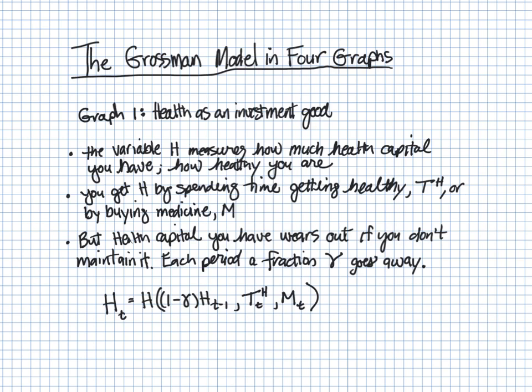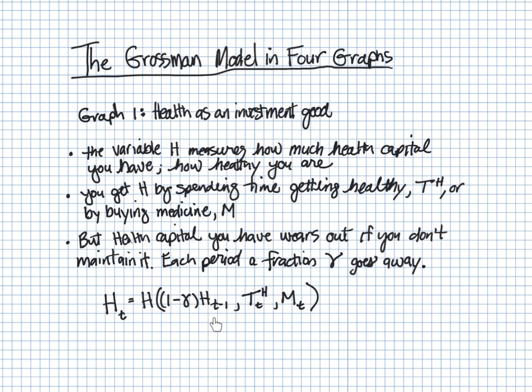So what the model assumes is that each period a fraction delta goes away, gamma. So what that means is how much health we have in any given period. So HT tells us how much health capital we have in period T. You can think about T as just today. So the health capital we have today, and this whole thing on this side means that how much health we have today is a function of three different things.